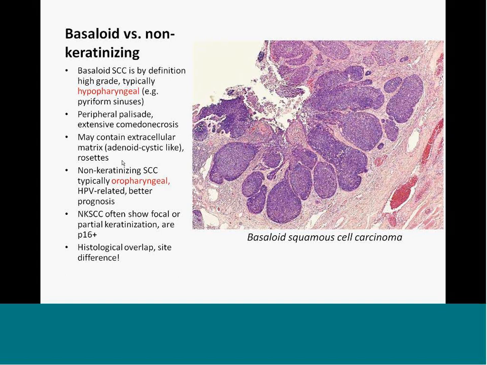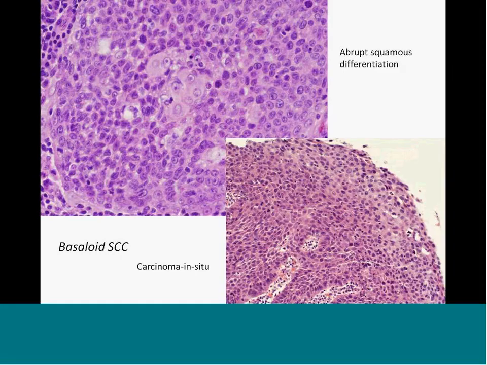They'll often show focal keratinization. They're p16 positive, and they're really distinct types of tumor. This is a higher power image of a basaloid squamous cell carcinoma showing the squamous differentiation that you can sometimes see in these tumors that allows you to recognize it. Often there will be overlying carcinoma in situ.